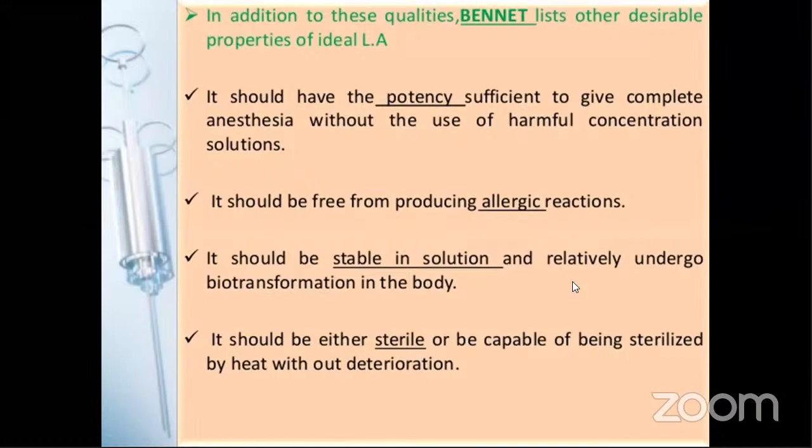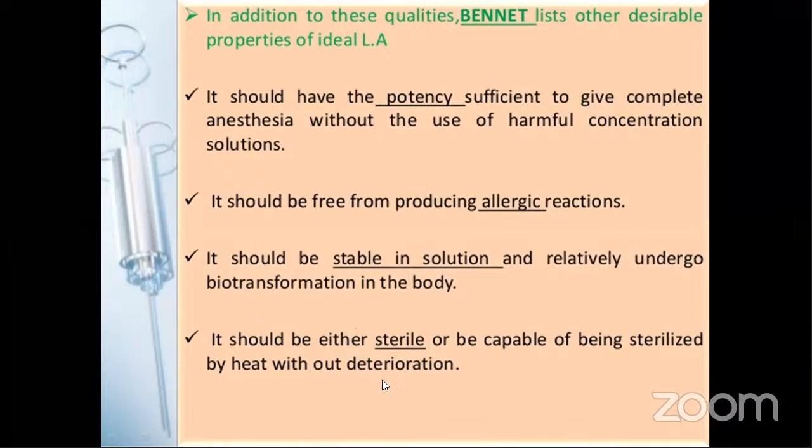Okay, it should undergo biotransformation properly inside the body. If it is metabolized, there is no toxicity. If it is difficult to metabolize or biotransform, there will again be toxicity and other side effects. So it should be stable in solution form and it should undergo biotransformation inside the body.